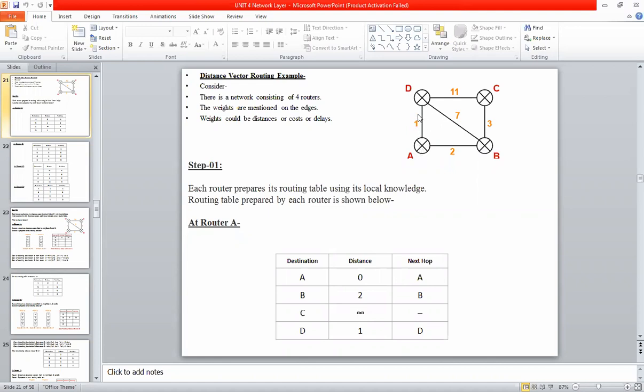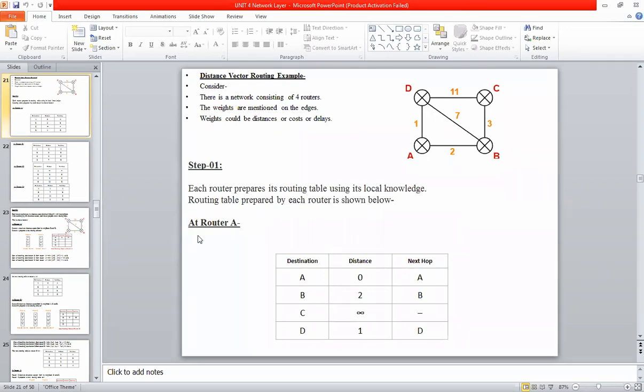The direct link is what we consider, not the longest path route. If you consider the longest path route, that will be considered as infinity.